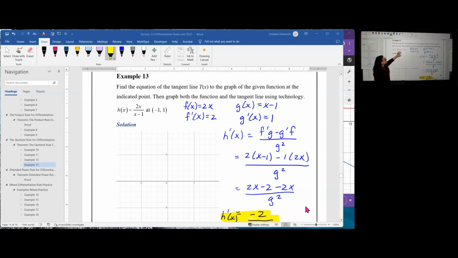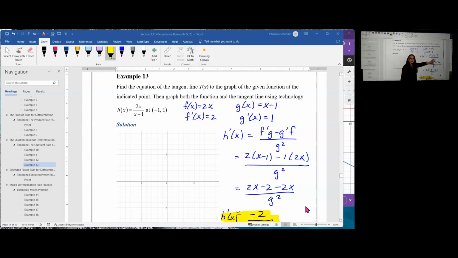When we're looking at this, we have a function 2x divided by the quantity x minus 1, and we want to find the tangent line at the ordered pair -1, 1. The numerator function 2x has a derivative of 2, and the denominator function x minus 1 has a derivative of 1.